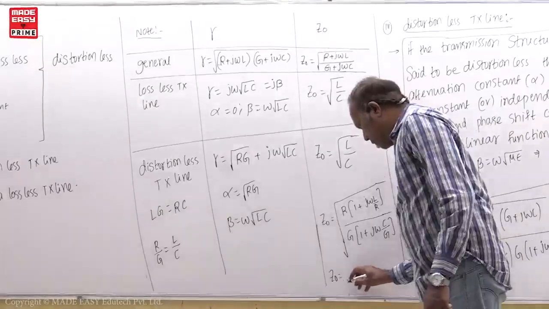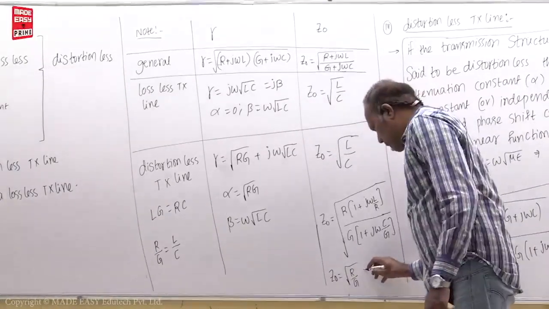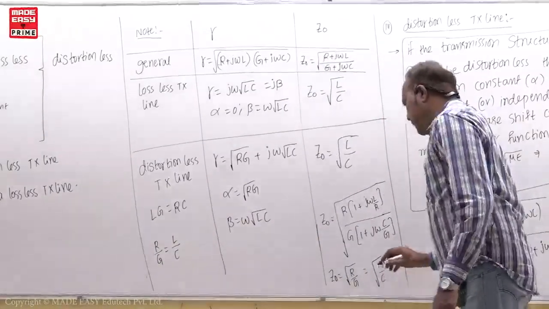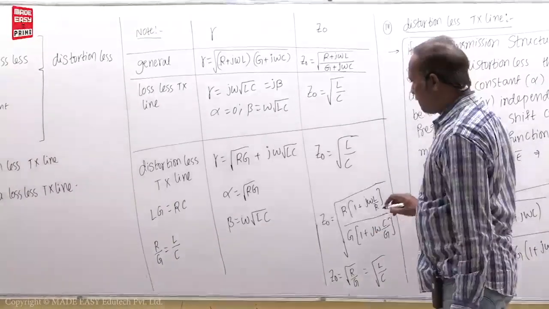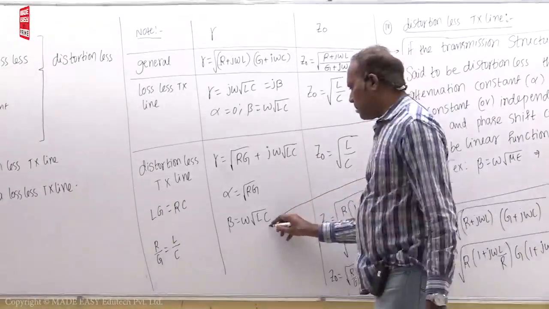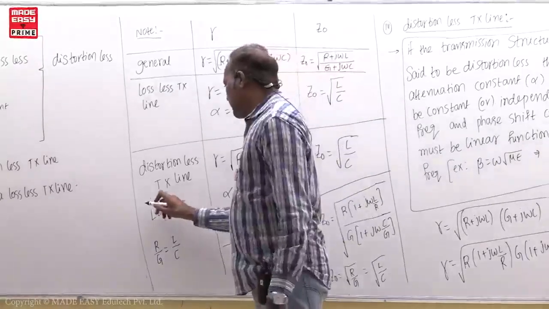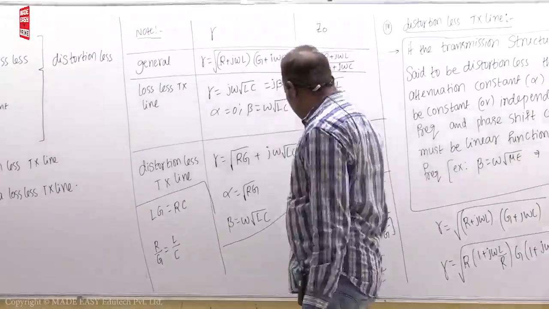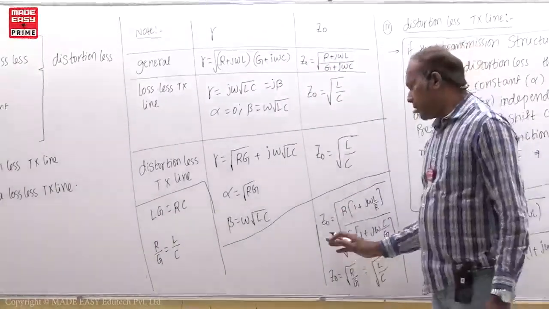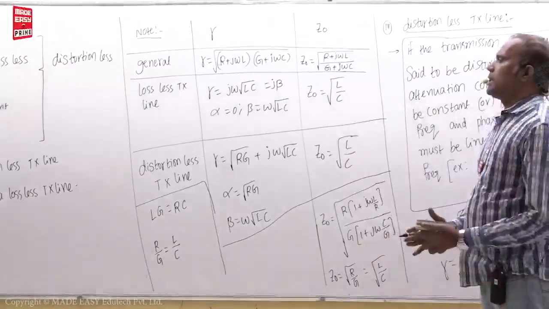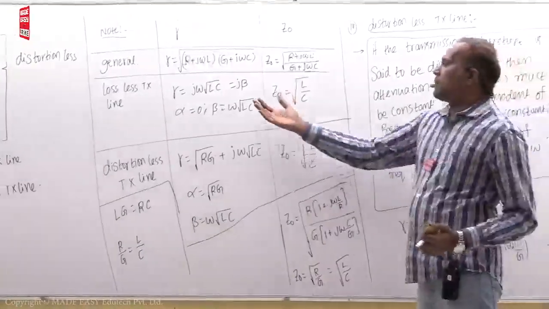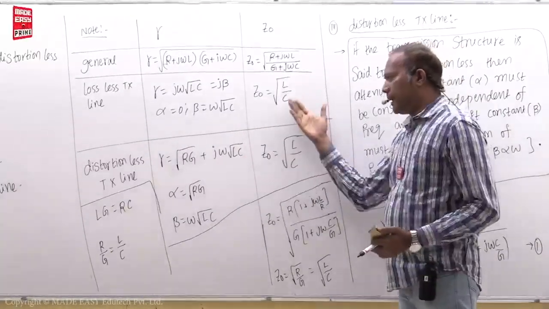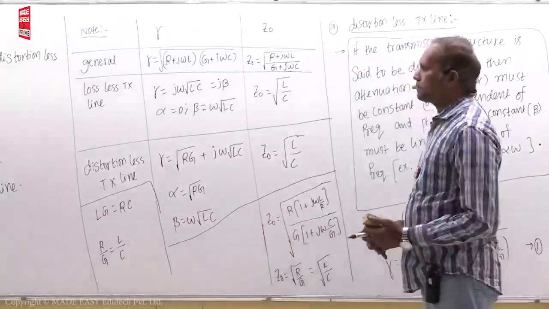So Z naught is equal to root R by G. Once again, from this R by G is equal to L by C. That is nothing but L by C. This is just rough work actually. For a distortionless transmission line LG is equal to RC, and this is also rough work. Okay, students, so the conclusion is that for a lossless transmission line and for a distortionless transmission line, the Z naught equations are real.